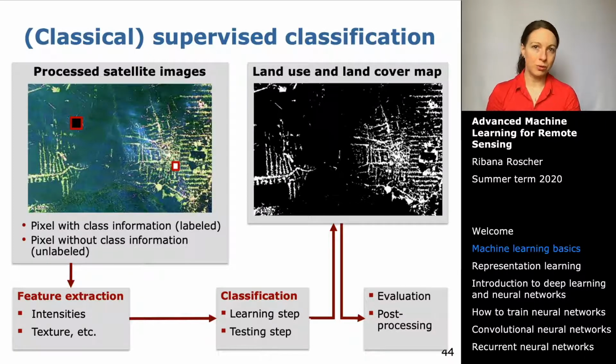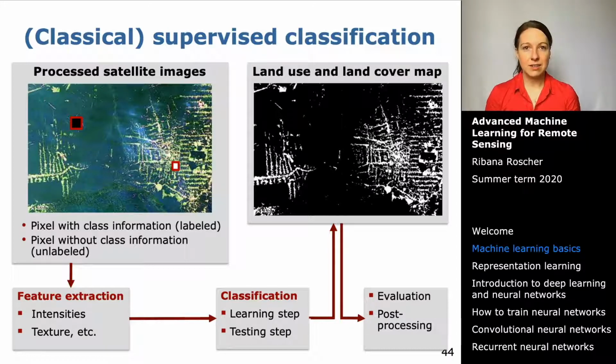But what you want to do is assign them a class. The first step is feature extraction. So you think about your application and you extract features which might be important to distinguish between different classes. These can be, for example, intensities or texture or any other features you can think of.